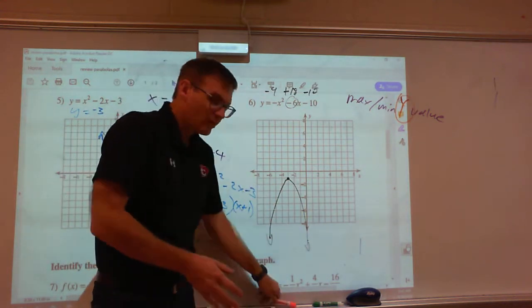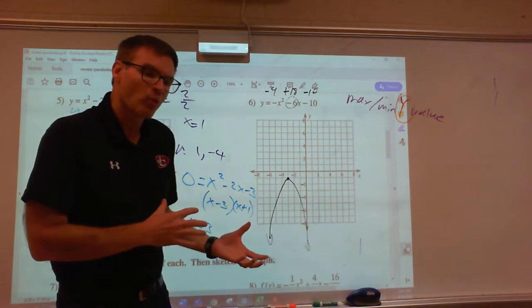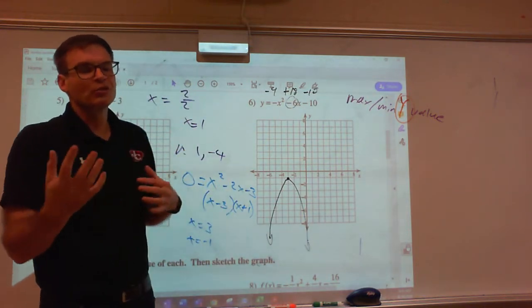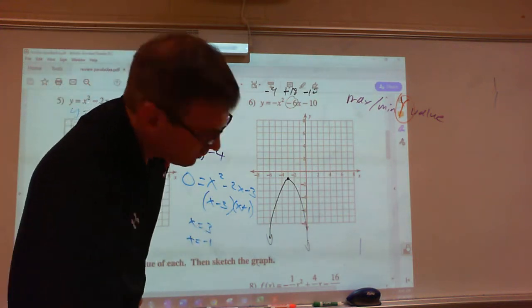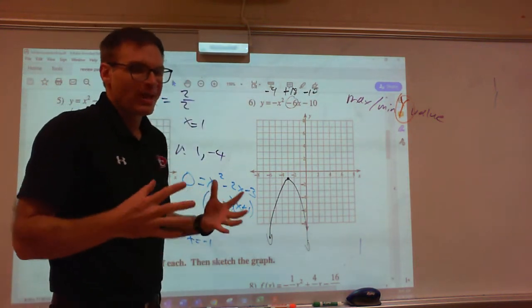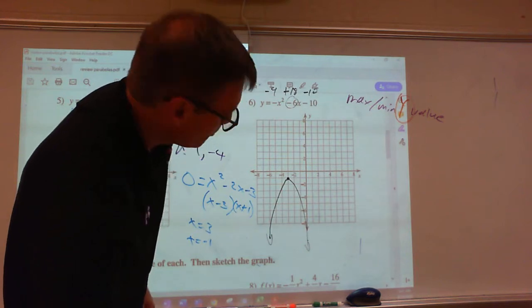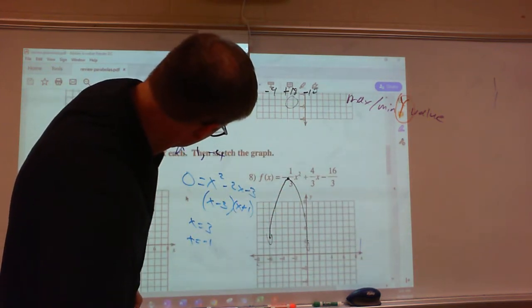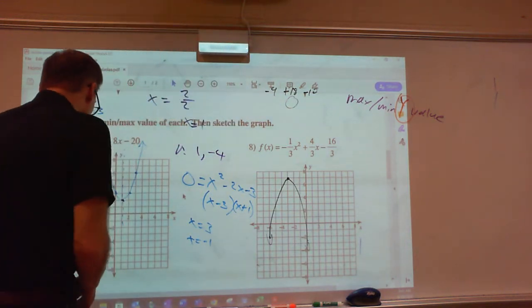So finding that vertex is really important because not only does it help you graph stuff, but based on the picture, you know what your max or your minimum values are. And math teachers like to ask questions about what's your max and minimum value. And since I'm a math teacher, I'm going to do that.